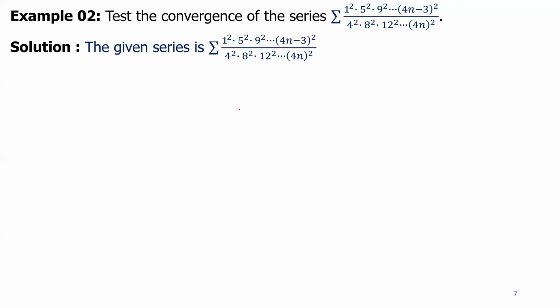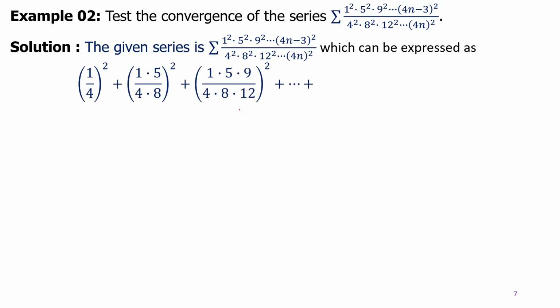The given series can be expressed as 1 by 4 whole square plus 1 into 5 upon 4 into 8 whole square plus 1 into 5 into 9 upon 4 into 8 into 12 whole square.